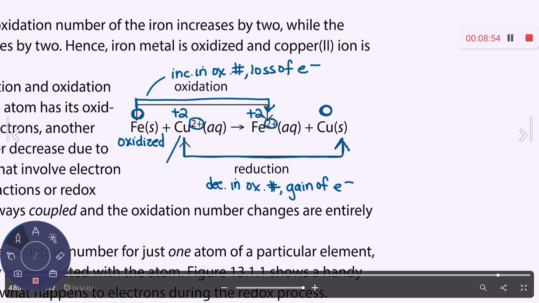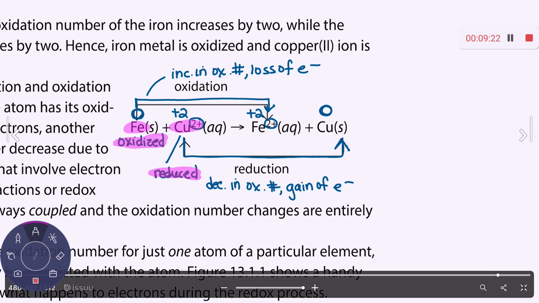That means this is reduced. You will only label reactants as being oxidized or reduced. You will never have that label on the product side, okay? And that's because redox reactions are an exchange of electrons between reactants, okay?